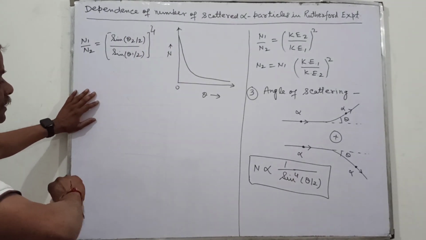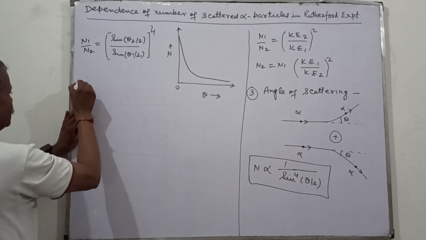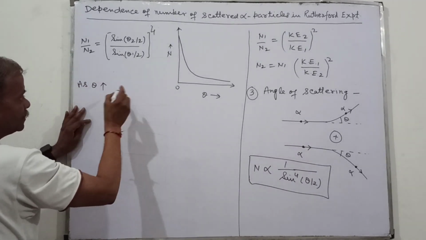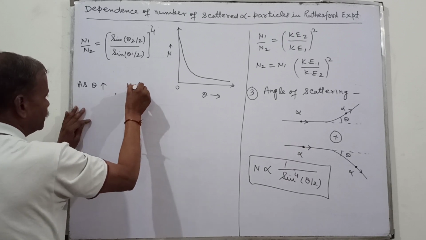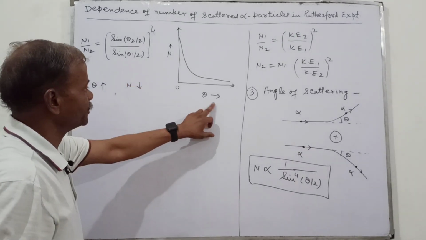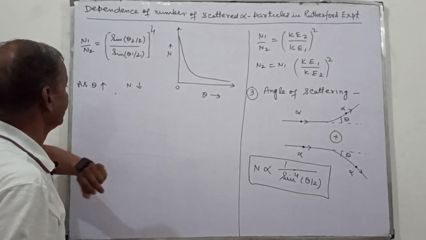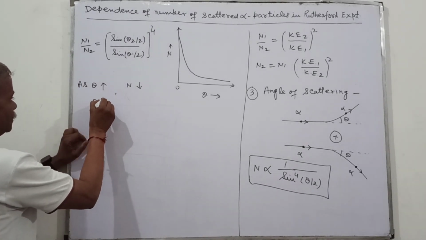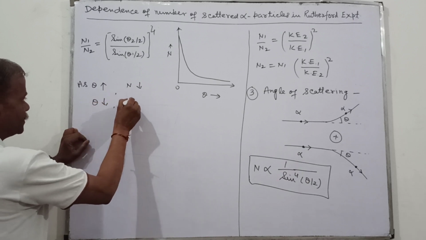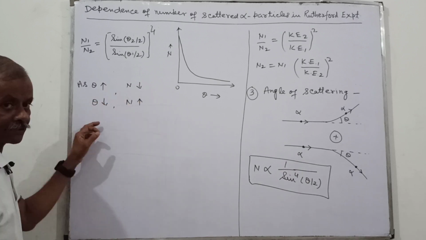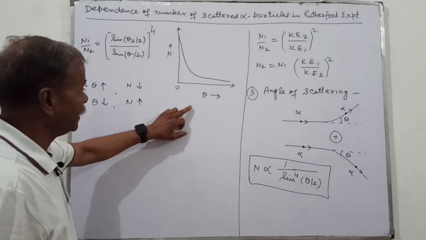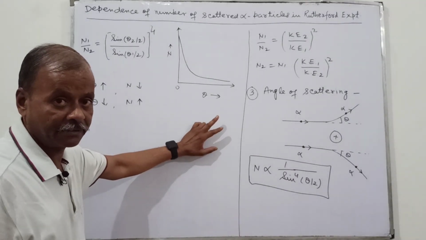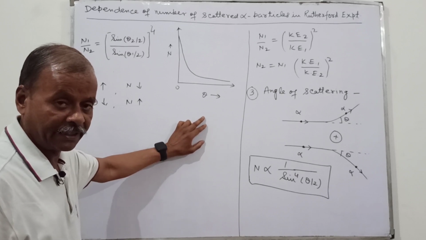So as theta increases, n decreases, as is clear from this graph, or if theta decreases, then n increases. So depending upon the angle of scattering, the number of alpha particles scattered is also different at the different angles.